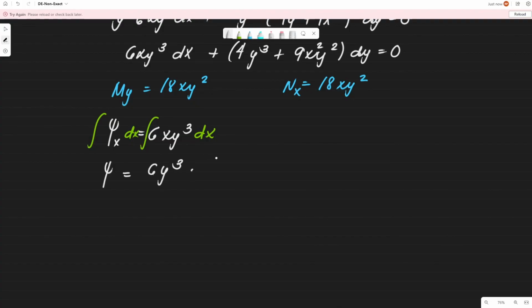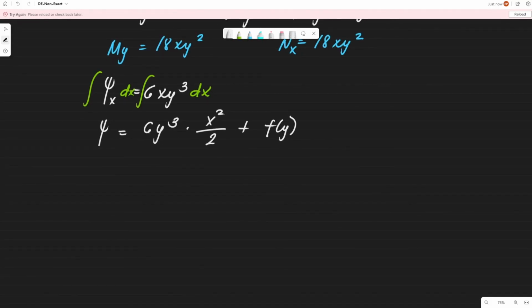Those are our constants. So we'll have x squared over 2 plus f of y. Cancel, may iwan si 3. So therefore our psi is equal to 3x squared y cube plus f of y.